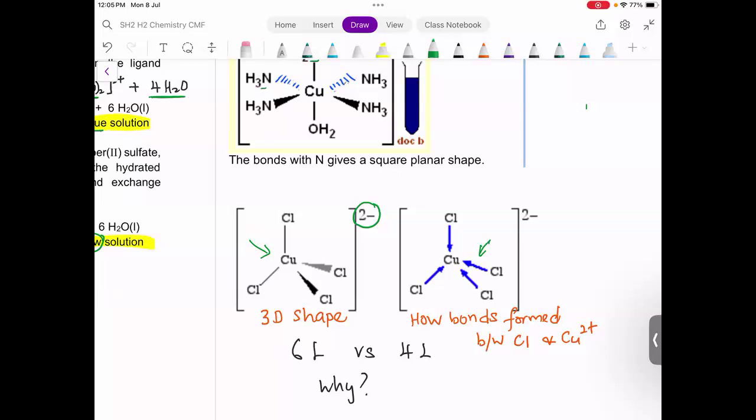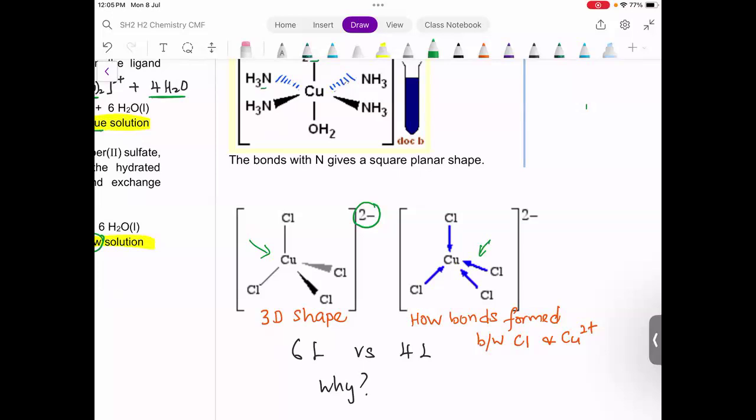Yeah, chloride is bigger. How do you know chloride is bigger? From your physical periodicity. What do you learn from physical periodicity? Number of inner shells, or rather look at the period. Nitrogen and oxygen are from period 2, while chlorine or chloride is from period 3. Period 3 elements have more inner shell electrons, so the size is larger.